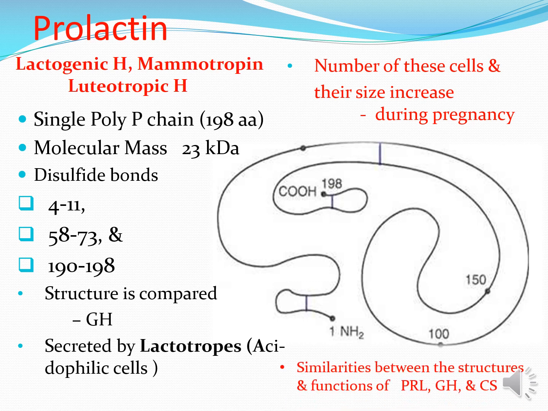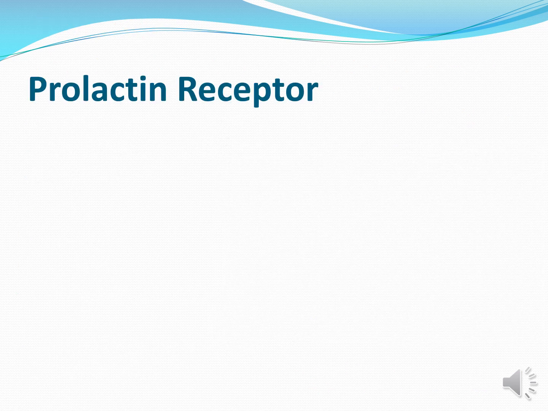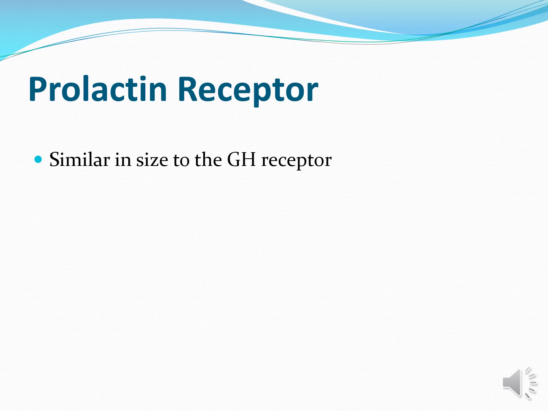The similarities between the structure and function of prolactin, growth hormone, and chorionic somatomammotrophin have already been discussed in a previous lecture. Prolactin receptor is similar in size to the growth hormone receptor.